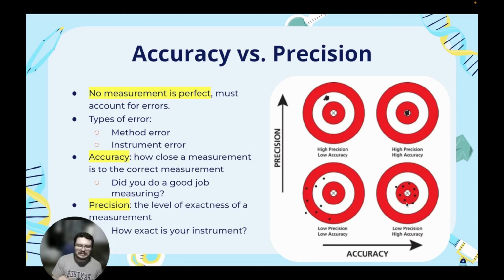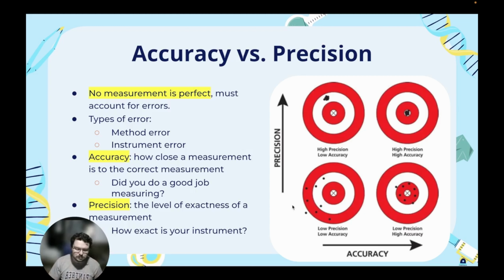So we would say this has high accuracy because every time we're getting somewhat close to our desired actual outcome. However, this experiment has low precision because every shot is in a different location, so the grouping of my measurement is different every time.